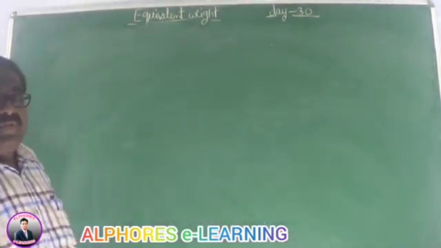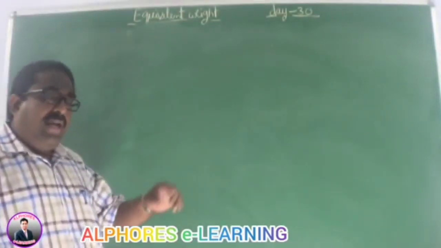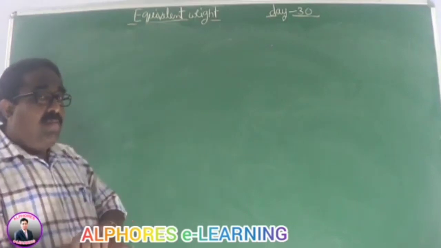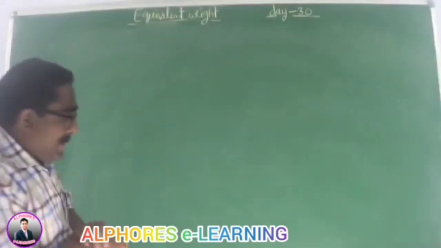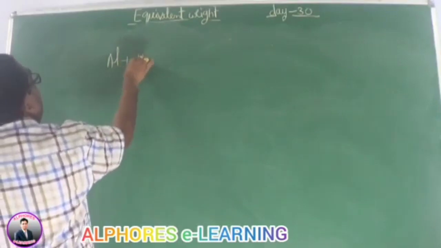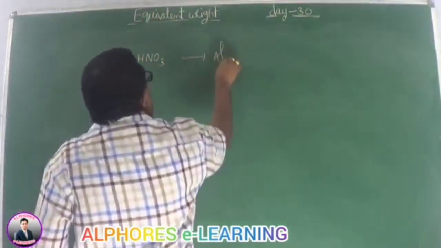While balancing redox reactions, this type of complicated reactions, at the end of that succession we have discussed, let me remind it once again. I am writing the equation: HNO3, aluminium nitrate.